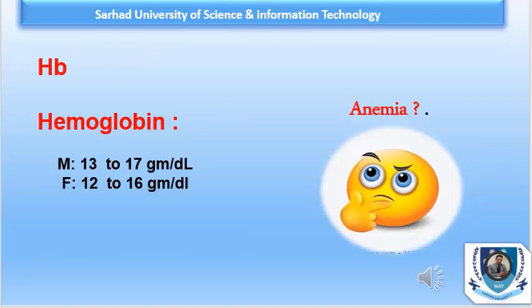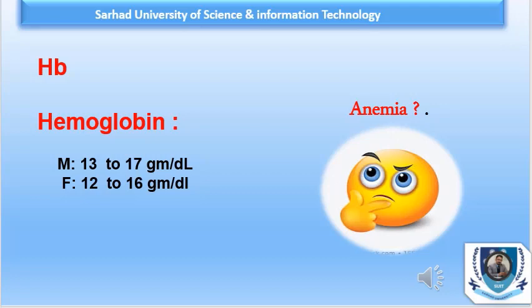The most important parameter in CBC is hemoglobin, and on the basis of hemoglobin, we can say that the person is suffering from anemia. What is anemia? Anemia is a low level of hemoglobin according to age and sex, and when the hemoglobin level falls below its lower limit, it's called anemia.